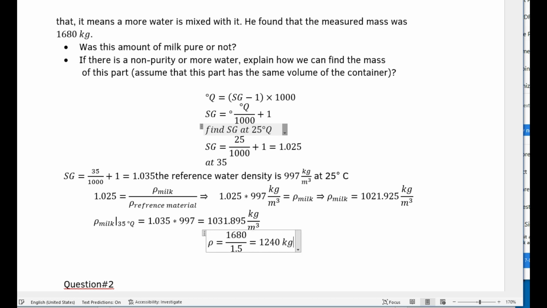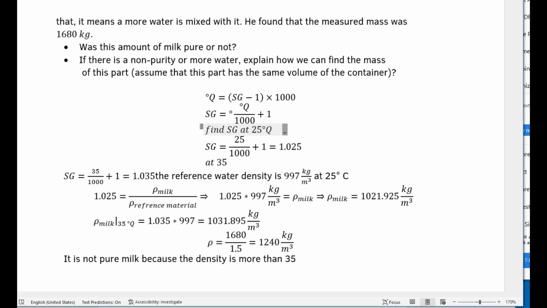It gives the density in kilograms per cubic meter, which means it is not pure milk, because the density is more than 35 QVNU.